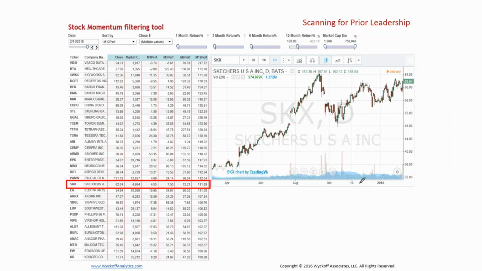So how do we identify that type of outperformance? Well, basically what I'm saying here is: in the last 12 months, give me all of the stocks that are giving me more than 100% return, and I want to look at all of them.